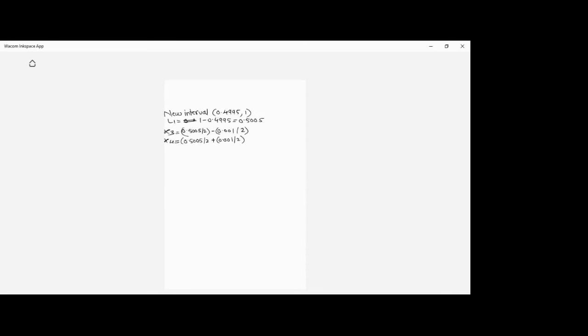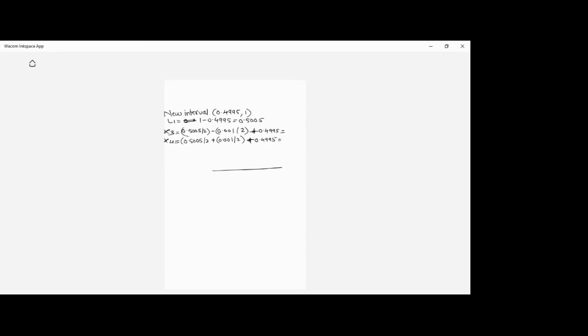So now when we take these, you are going to get some values which are not realistic. To make them realistic, I will have to add 0.4995, which is our initial interval. I'll make you understand why we are going to add this value, right?